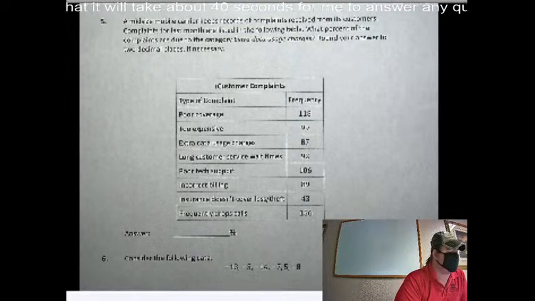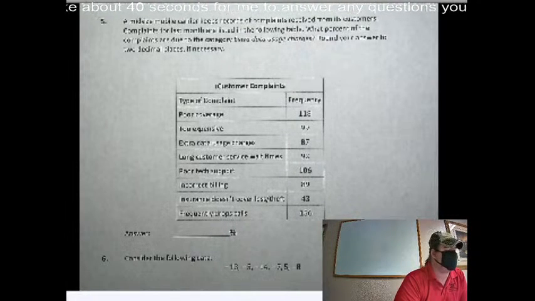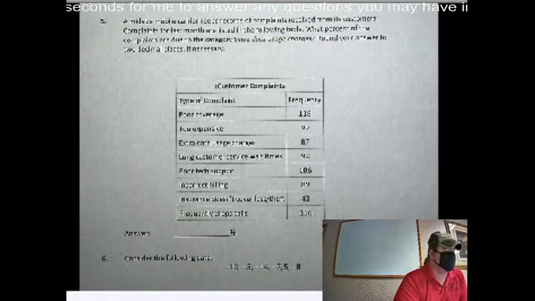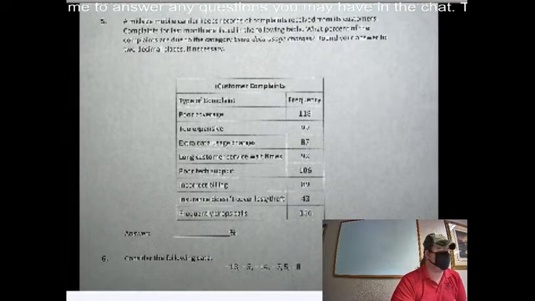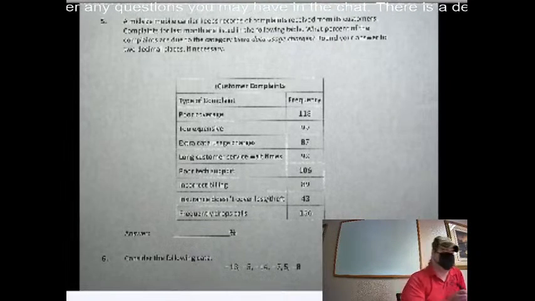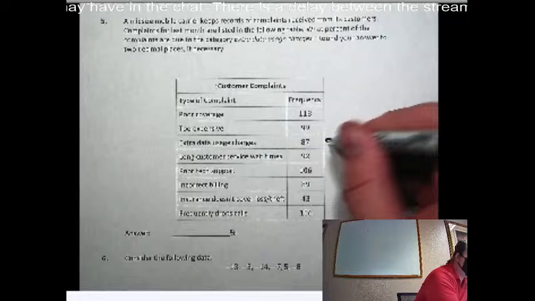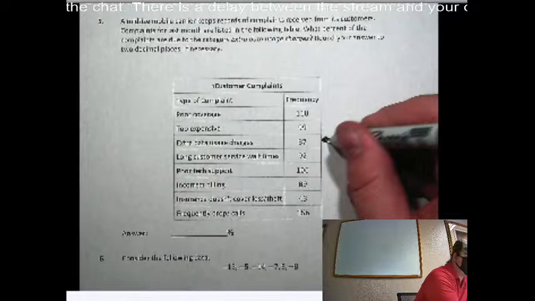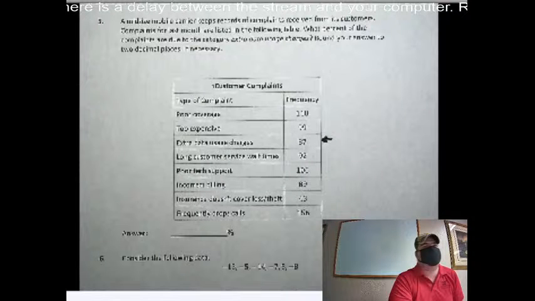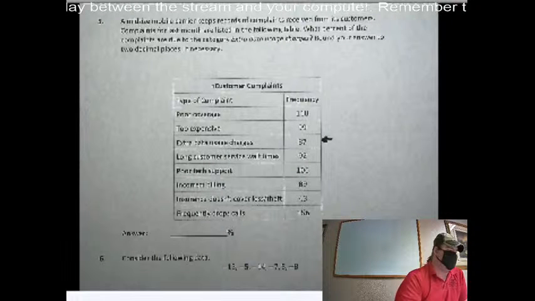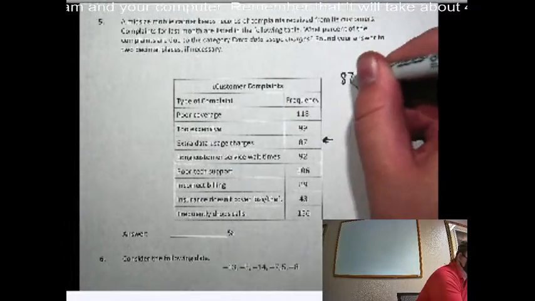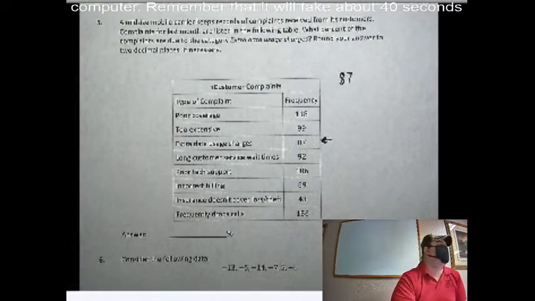What percent of the complaints are due to the category extra data usage charges? Round your answer to 2 decimal places if necessary. Okay, looking at this frequency right here, and we want to know what percent this represents of our total data. So we've got that number, that's good, but we need another number. What else do we need?